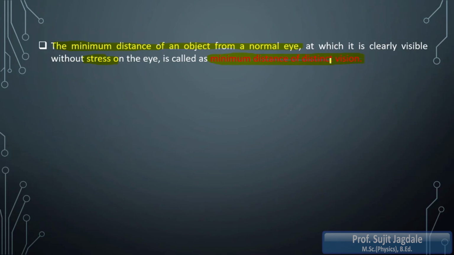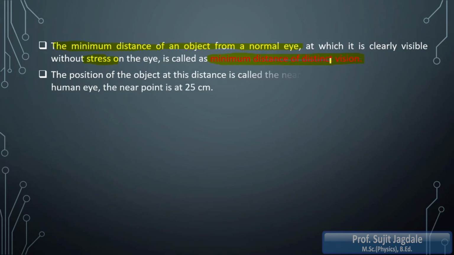The position of the object at this distance is called the near point of the eye. The distance at which we can see objects very clearly without stressing our eyes is referred to as the near point of the eye. And the near point for a normal human eye is about 25 centimeter.